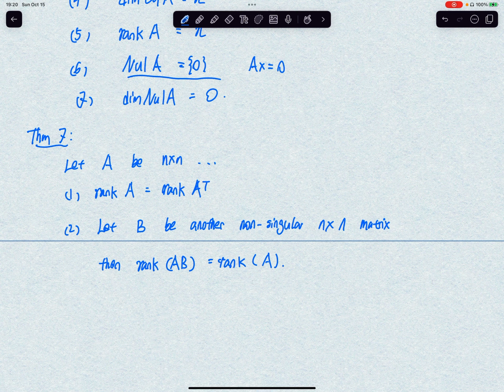And similarly, if C is another non-singular n by n matrix, then the rank of the left multiplication CA also equals the rank of A. So that means for an arbitrary n by n matrix, once multiplied by a non-singular matrix, the rank of the product equals the rank of the original.